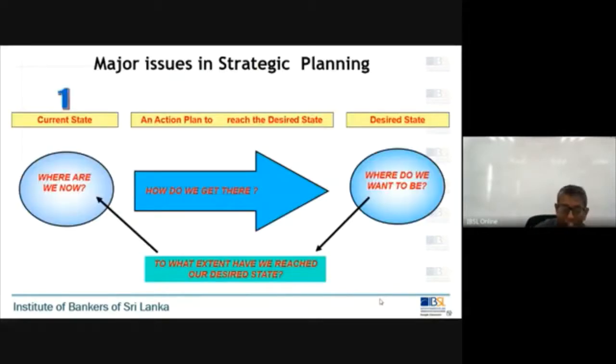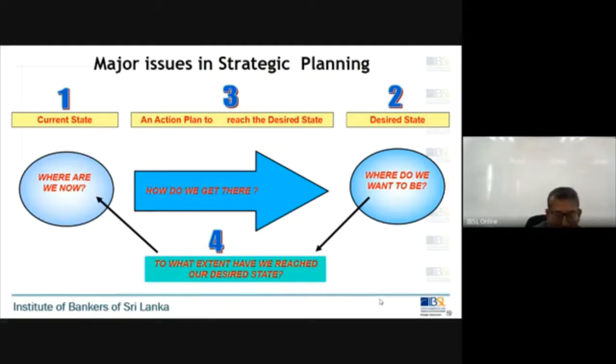Right now we are in the strategic management issue. We have two things: where are we now, where are we going to be, and how to get there. We discussed last week where we want to be, and on the first day we discussed the importance of strategic planning and so on.